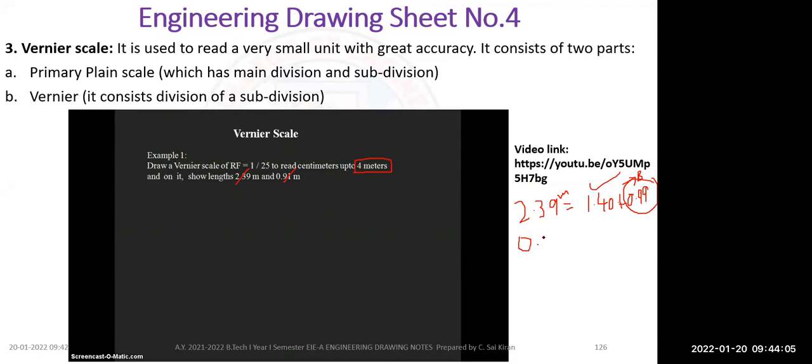Similarly, 0.91 by using the backward Vernier: 0.8 meters plus 0.11 meters. Okay. So I'm using the same 11th table, subtracting 0.11. Same thing he will use in this one. Okay. Pause the video.